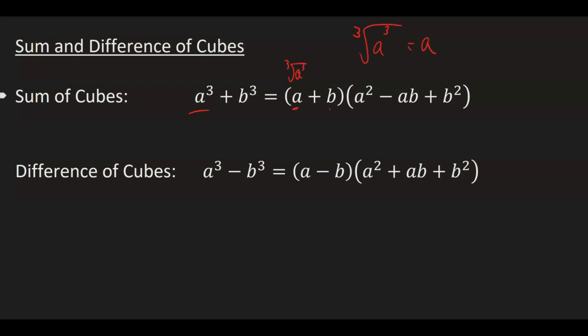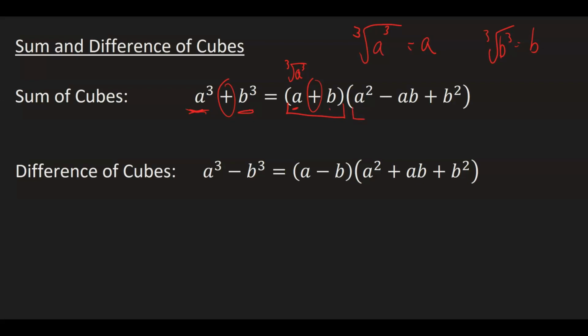The same with b: the cube root of b cubed is b. So that will happen every time in one of the factors, and we usually write it first. The cube root of each of the cubes, a plus b. And notice that it's a sum in both, okay?